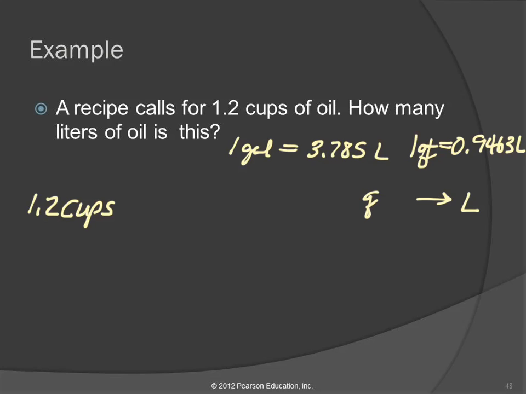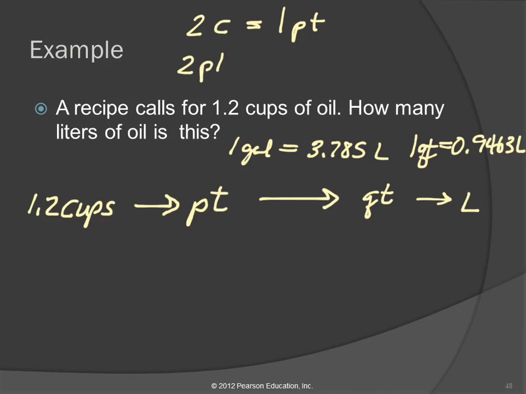So quarts in here. And then the relationship between cups and quarts. Well, I know the relationship between cups and pints, and the relationship between pints and quarts. 2 cups is 1 pint, and 2 pints is 1 quart.